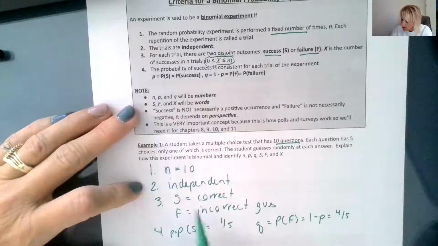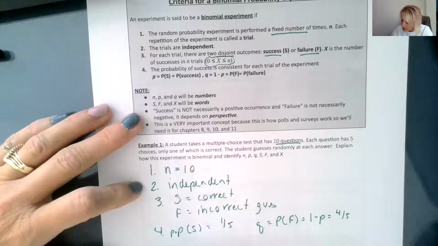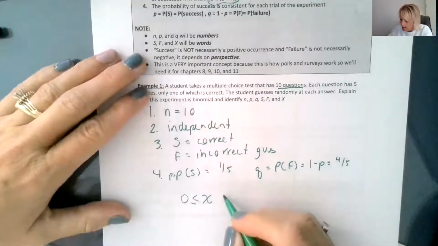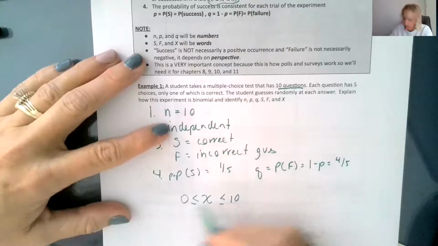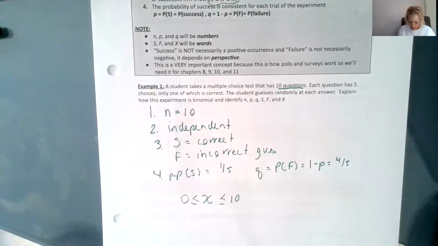And so we have N, we have S and F, we have P and Q, and then X is greater than or equal to 0 and less than or equal to n, which is 10. So the number of successes can be anywhere between 0 and 10.